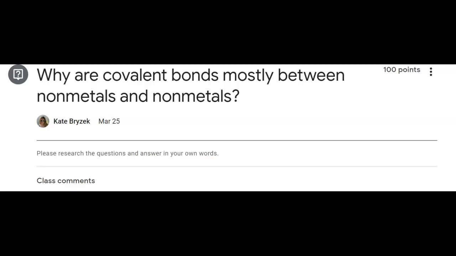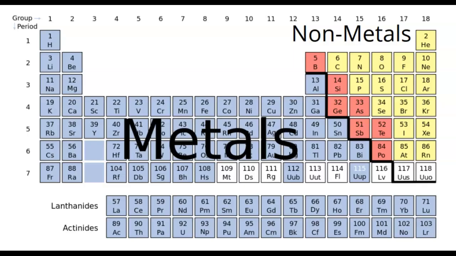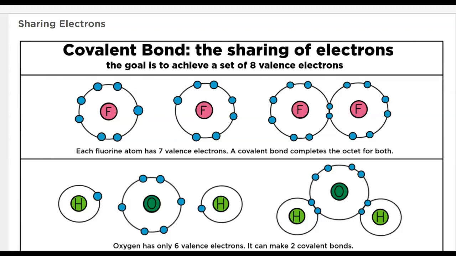So your first question is, why are covalent bonds mostly between nonmetals and other nonmetals? Now again, you're going to want to review your periodic table. You've got your nonmetals all over here. So covalent bonds are two nonmetals together. Now you have to explain why. Some of the things you might want to include are, what are covalent bonds? What's the point of a covalent bond?